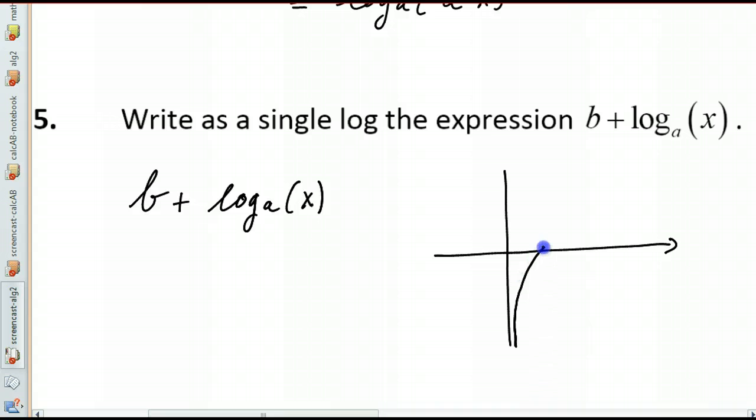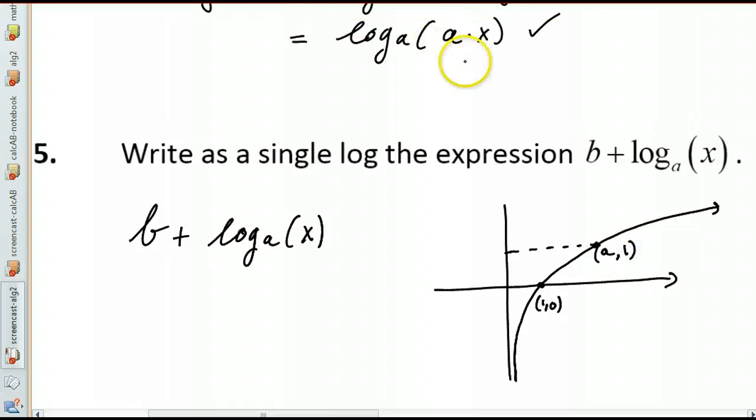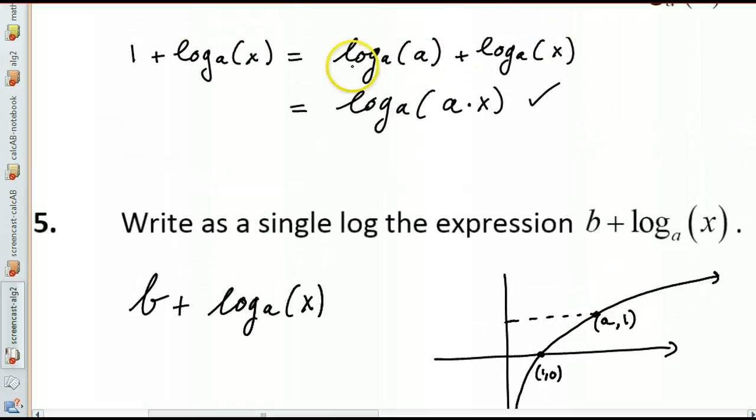The graph goes like that, right? This is the point 1, 0, and there's another point right here. If y is 1, then x is a, right? That's why the log base a of a was 1, right?